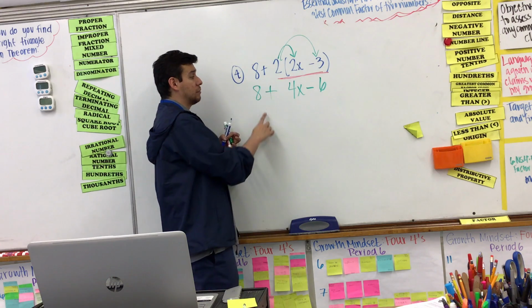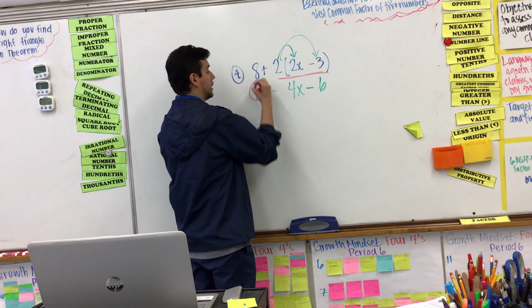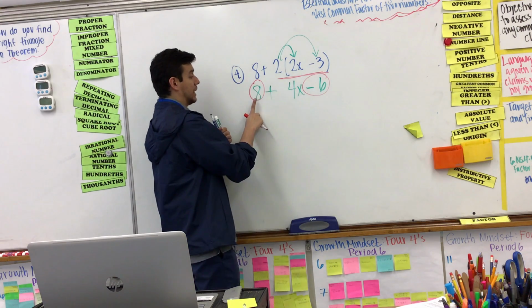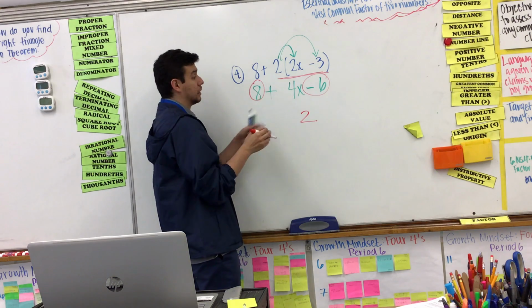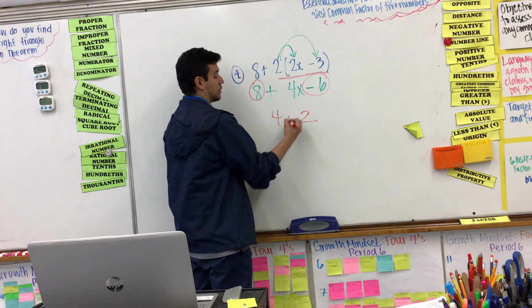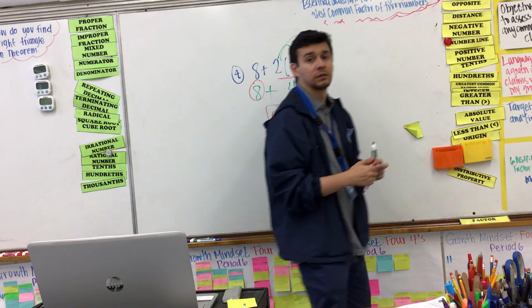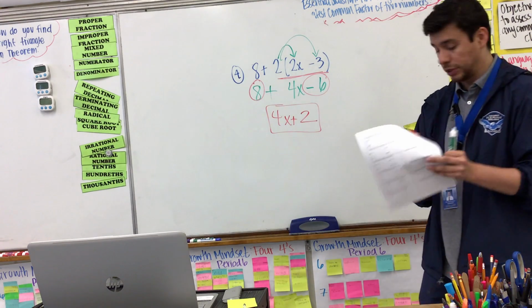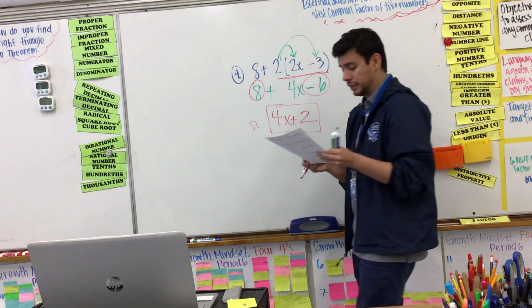So the only things I could combine are the actual numbers. 8 minus 6 is 2, right? You didn't do anything to the 4x, so bring it down, and this is your final answer. 4x plus 2, which is letter D, okay?